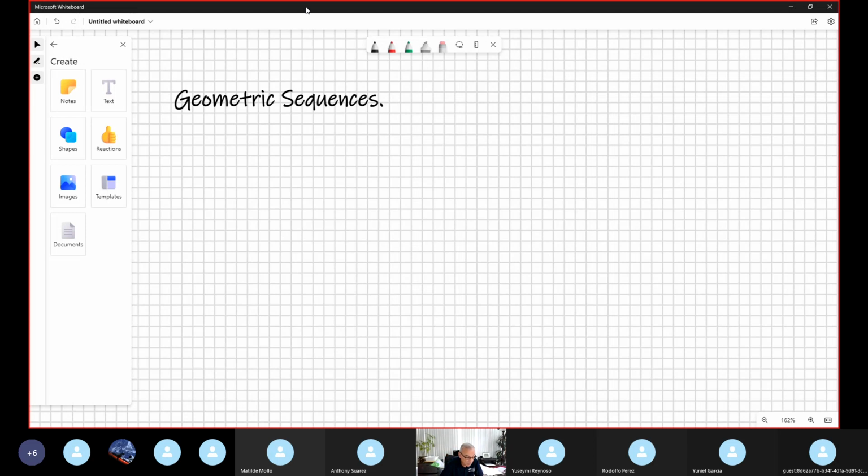How do you know a geometric sequence? Well, a geometric sequence is, let me bring an example. Suppose we have 4, 16, 64, 256, and so on.